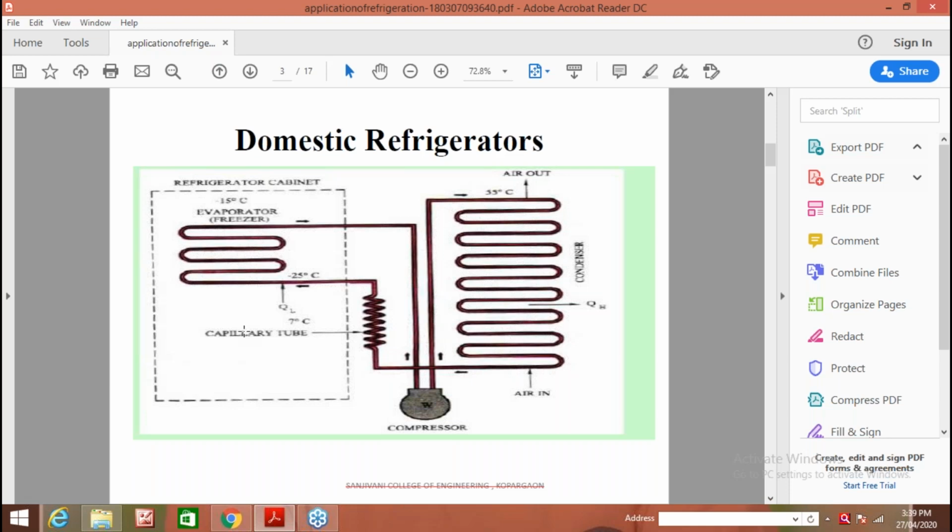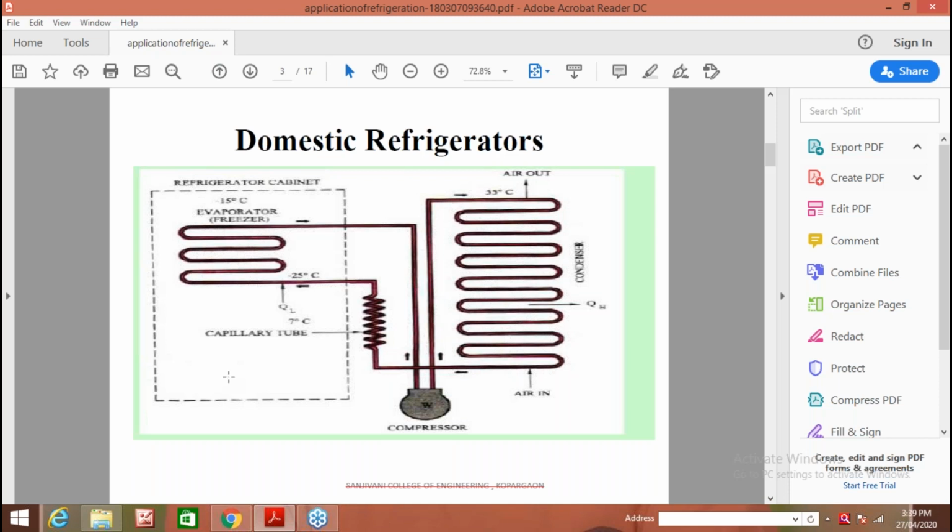So for our safety, F12 is used because it does not have any effect on food products.